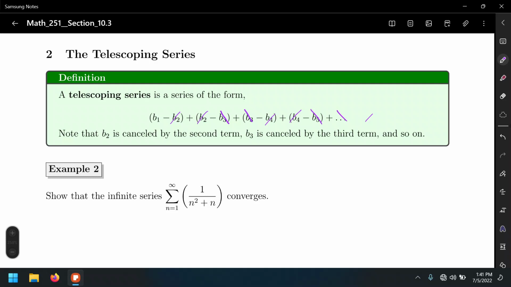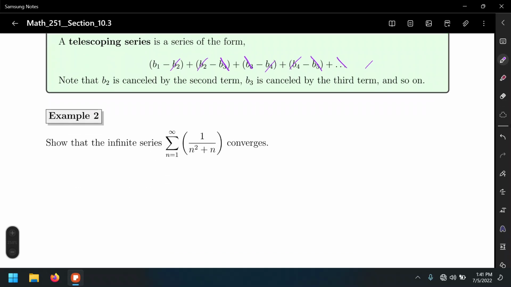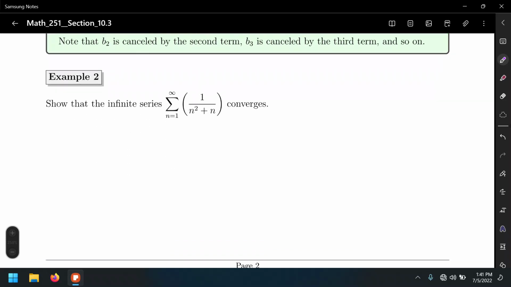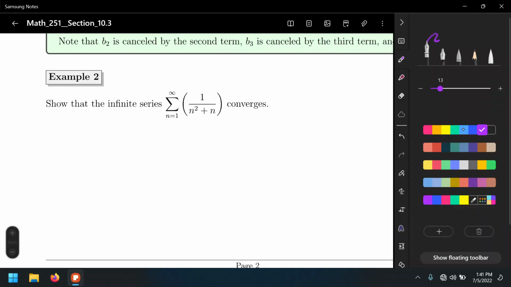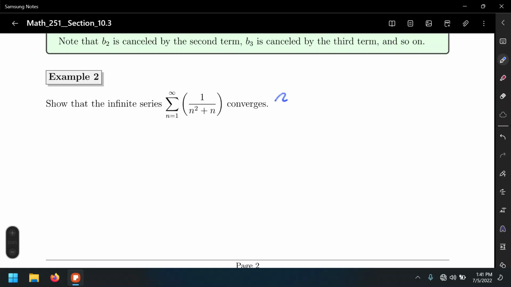So let's see. For this type of series, in the worst case scenario, we would need to use partial fraction decomposition. Let me rewrite this as the sum from n equals 1 to infinity.